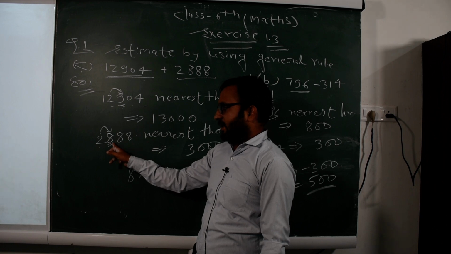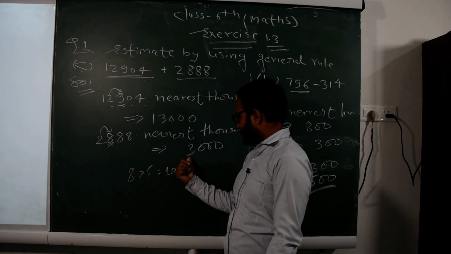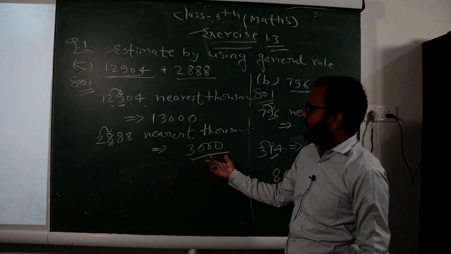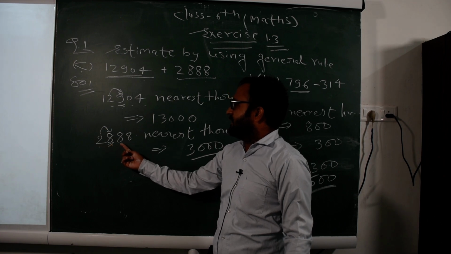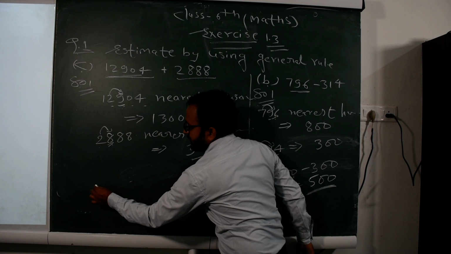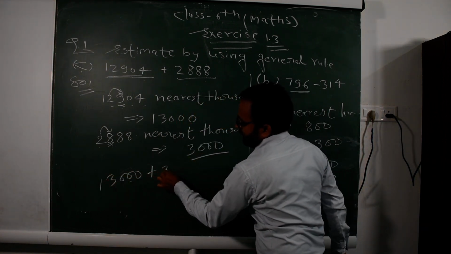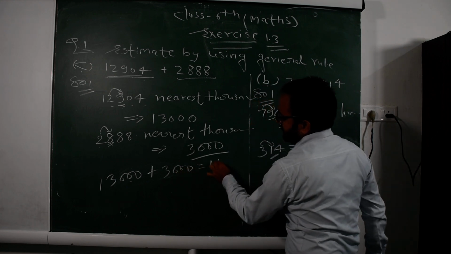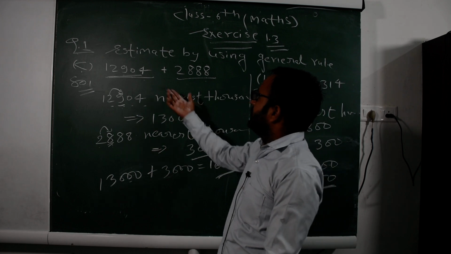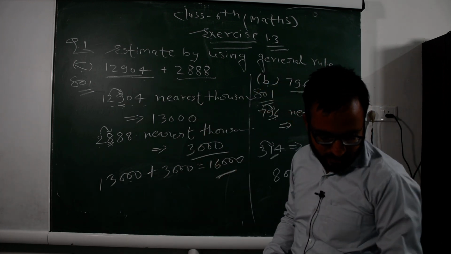We put 0 and 1 carry plus 2 plus 1 is 3. So the approximate value of 2,888 is 3,000. Now we do the summation. 13,000 plus 3,000 equals 16,000. This is an approximate sum, also called the estimated sum of this question.